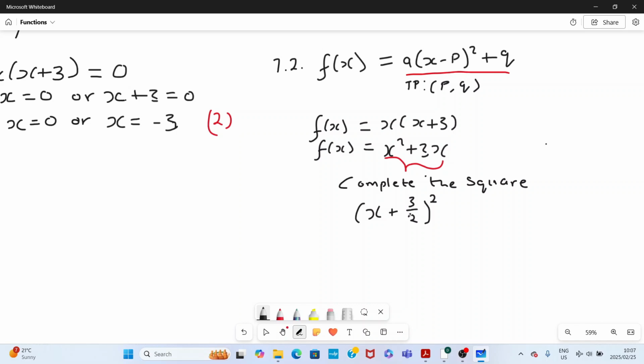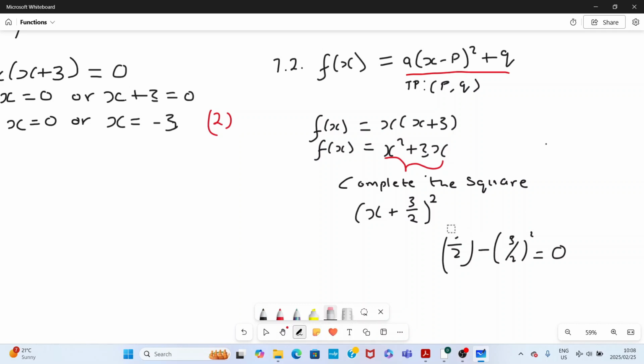So what you have essentially added is 3 over 2 squared to the equation. Because you have added this, you will need to subtract it again, which equates to just having added a 0. So what we will do then is, let me remove this.